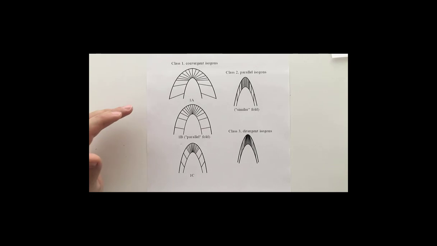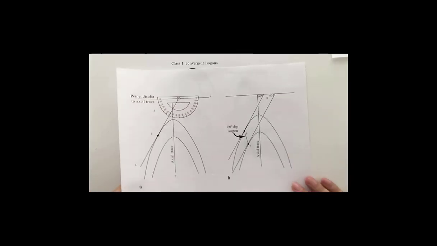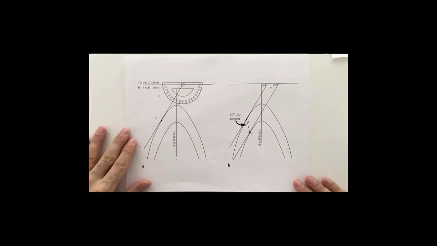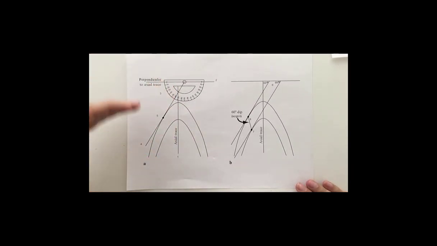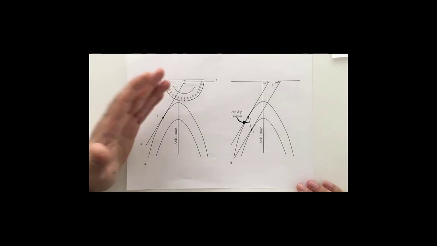For drawing the isogons, we discussed that there's an easy way to do so. You can have an axial trace and then draw the perpendicular line for it. For this example, we start from 60 degrees, or you can start from 50 or 30.